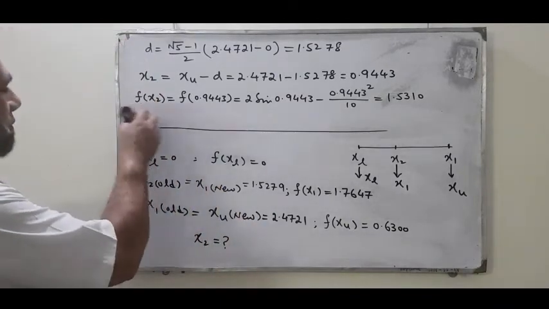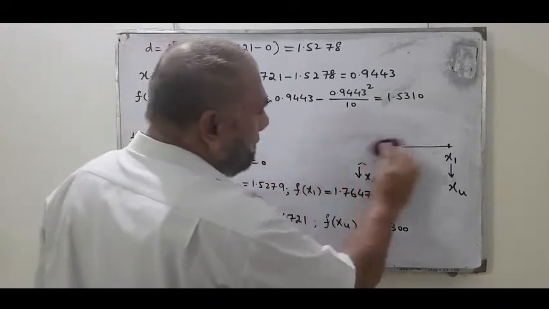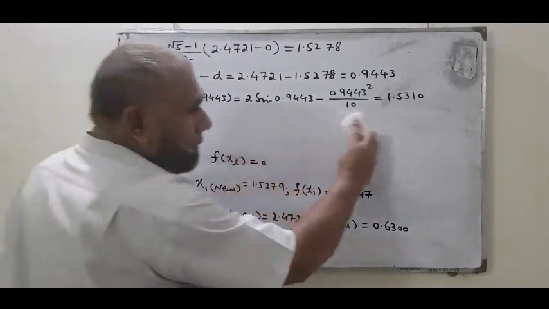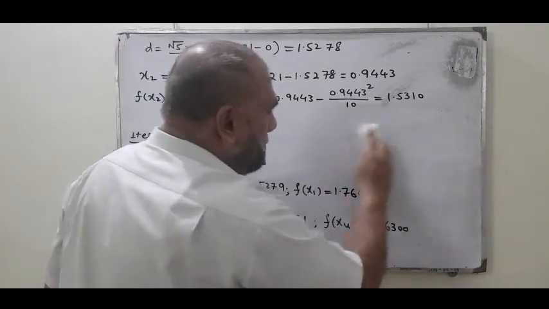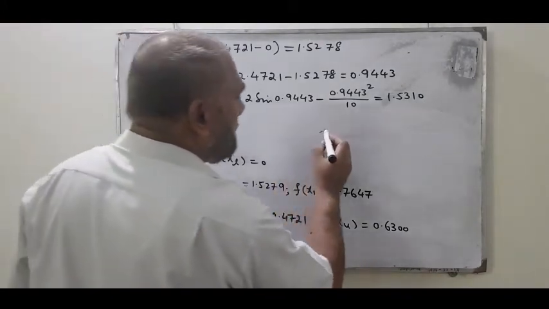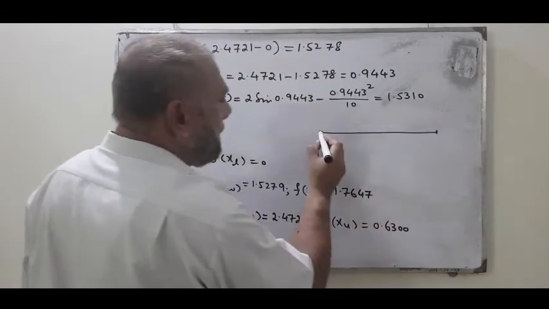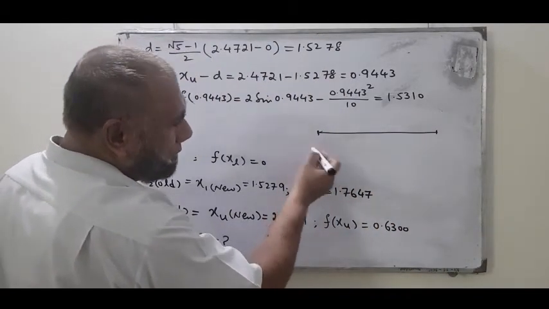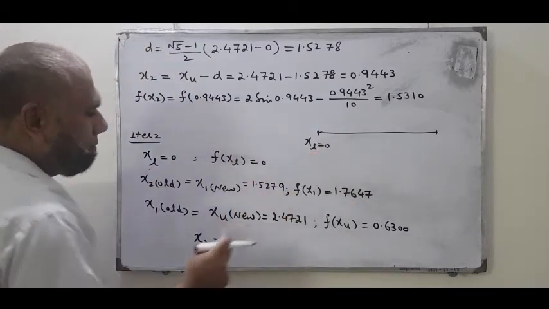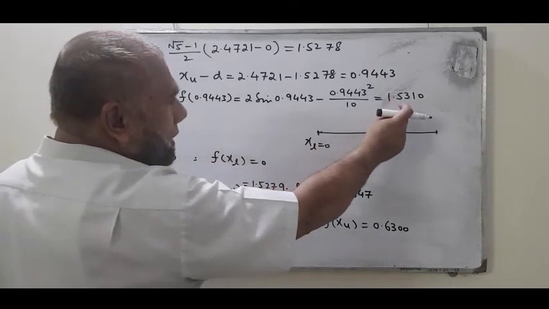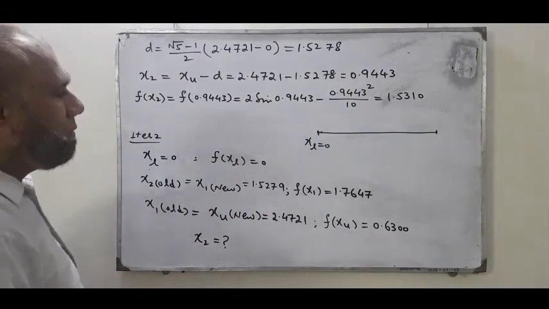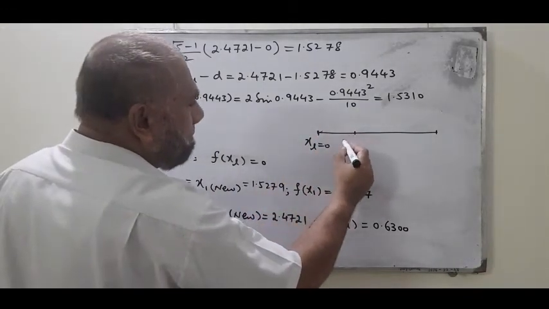Now we have all the information as we had in the previous case. Now we show them on a single straight line so that we can decide which portion of the domain we are going to discard. Okay, now we bring all this information on the straight line. In this iteration, xl is equal to 0. x2 we have just calculated, and you can check its value is lesser than the value of x1, so it will always be on the left of x1. So x2 is here.